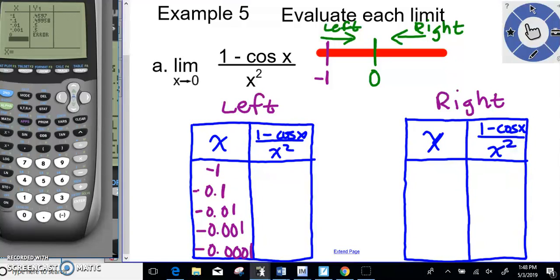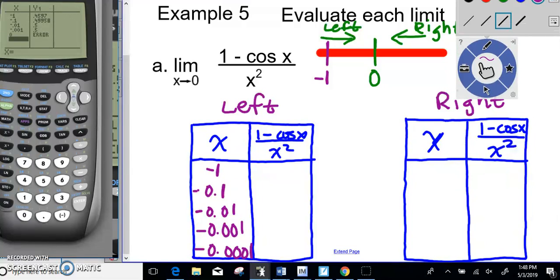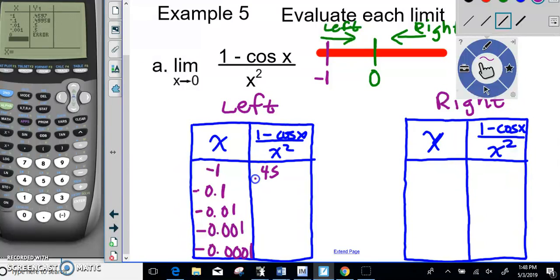We're going to fill this into the table. For -1, we get 0.4597, then 0.49958. Then we have 0.5, then 0.5, and it should be 0.5 right here also. So that's what it should have been.